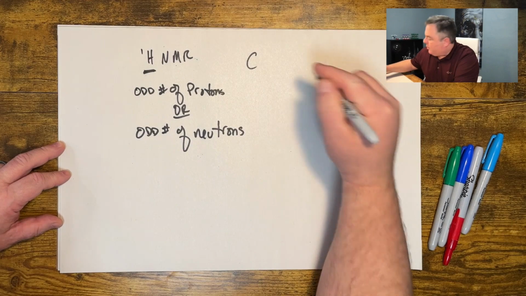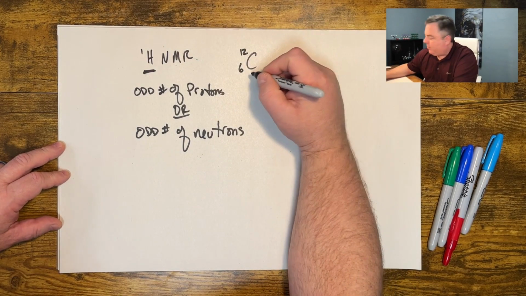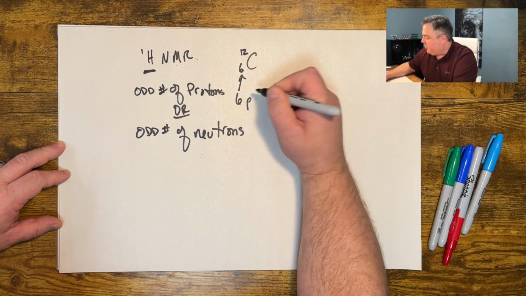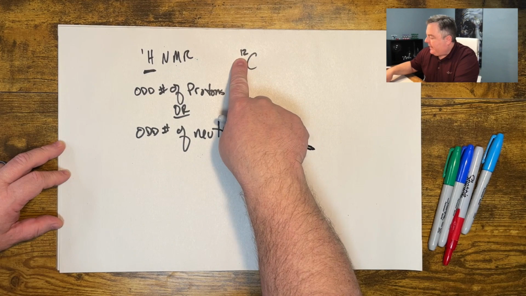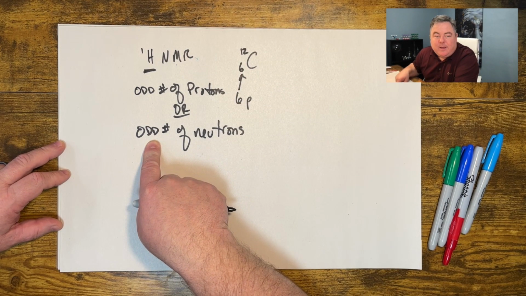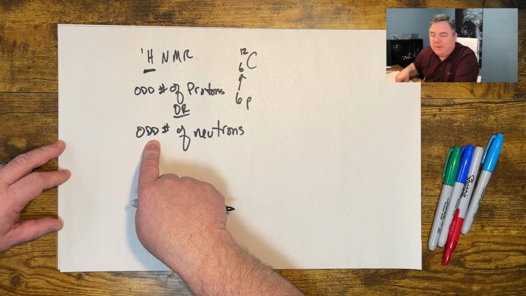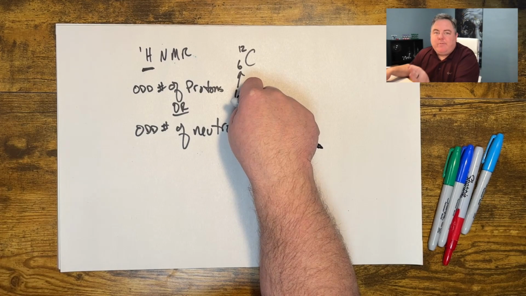Now carbon, normal carbon, weighs 12 and it's number 6 on the periodic table. That means it has 6 protons. It's not a magnet because of that. And it has 6 neutrons. That's even. That's not going to be a magnet because of that in the nucleus. So normal carbon that weighs 12 is invisible in the NMR.